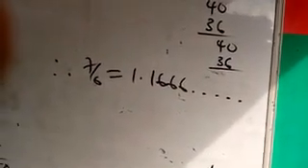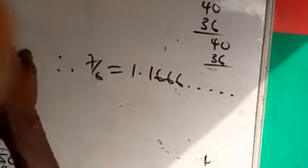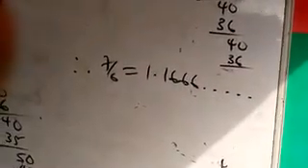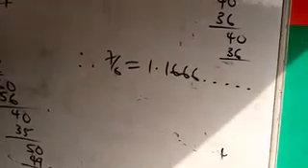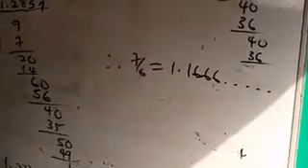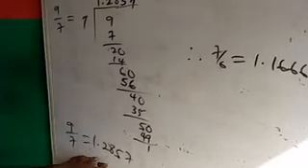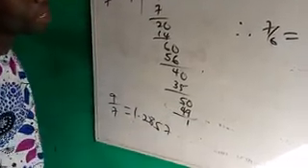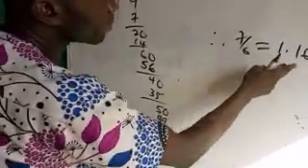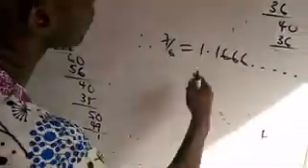Therefore, a decimal fraction like this is what we call a repeating or recurring decimal. But for this one here, this one is a terminating decimal. There are two types of decimal. We have terminating decimal, and we also have repeating decimal. This repeating decimal is what we call recurring decimal.